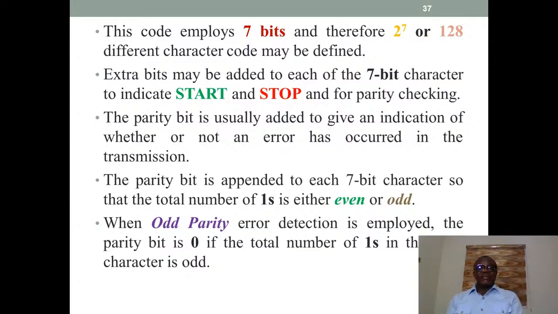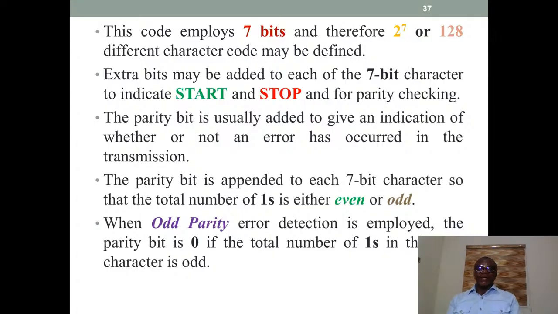The parity bit is appended to each 7-bit character so that the total number of ones is either even or odd. When odd parity error detection is employed, the parity bit is 0 if the total number of ones in the 7-bit character is odd.